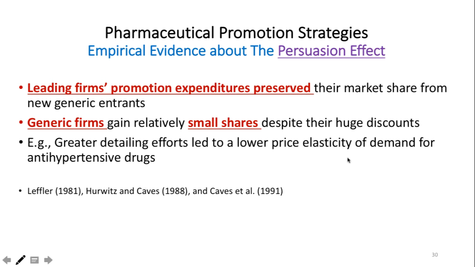And you remember that low price elasticity means that the consumers are not sensitive to the price. Because of this persuasion effect, they think this specific drug is very magic, and even with higher prices, they prefer that one. It depends on the type of advertisement, how to persuade them to be insensitive to the price.